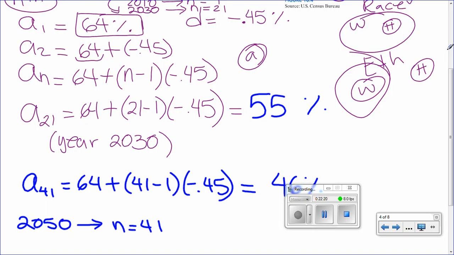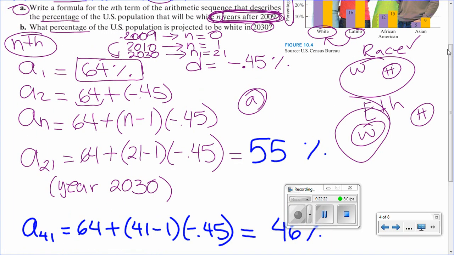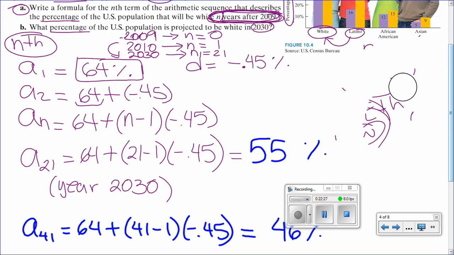Let me see, where's our general formula? It was right here, right? And one thing that I didn't really mention is that we could actually simplify it if you want to. I think I mentioned it, but I told you sometimes I don't.